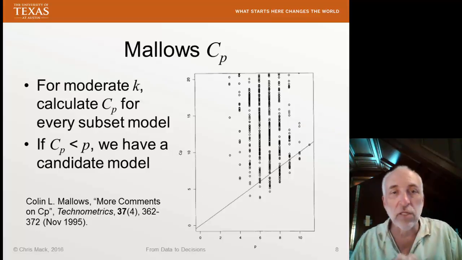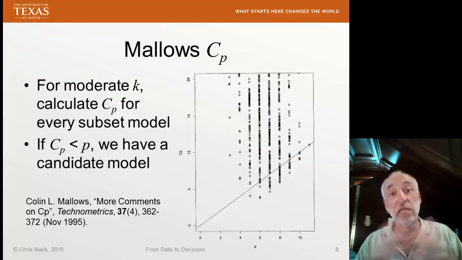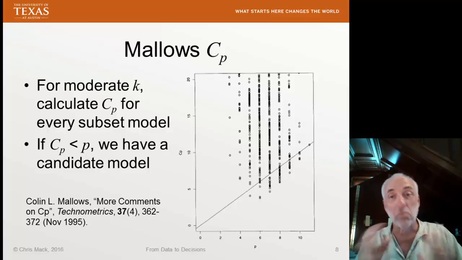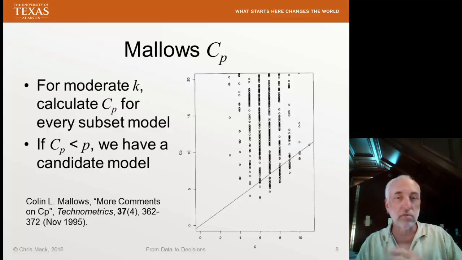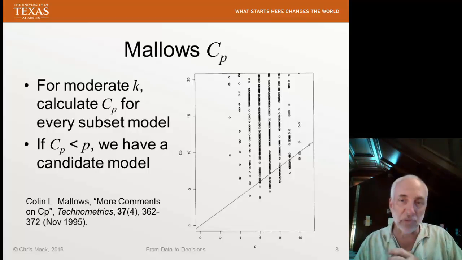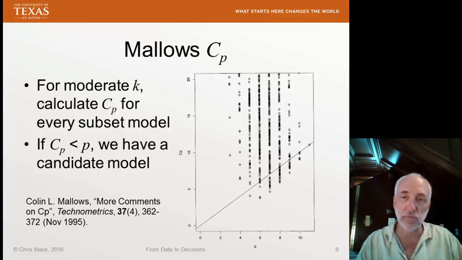Here's an example of how we can use Cp. If we have a moderate k, that is a moderate number of terms in my full model, then I can calculate Mallows Cp for every single subset model. Suppose I have 11 parameters, like this example shows me.